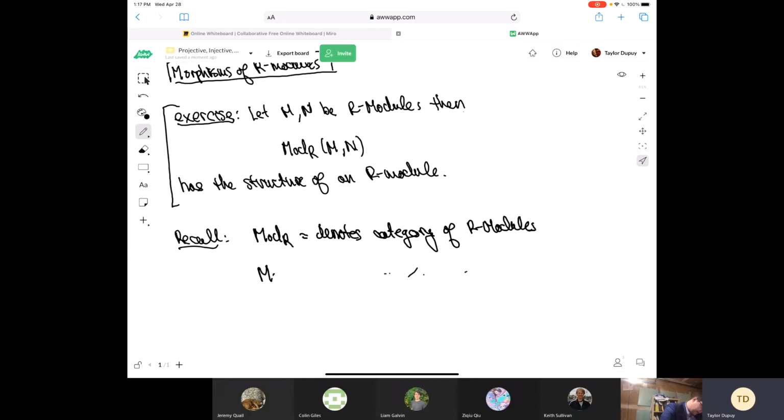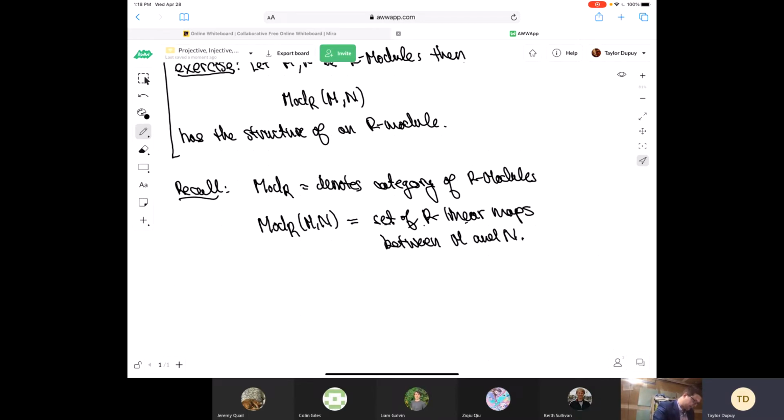And this thing here, Mod R of M, N, is the set of R linear maps between M and N. R, of course, is a ring here. There's an alternative notation for this. Some people call this Hom R of M, N, homomorphisms of R modules.